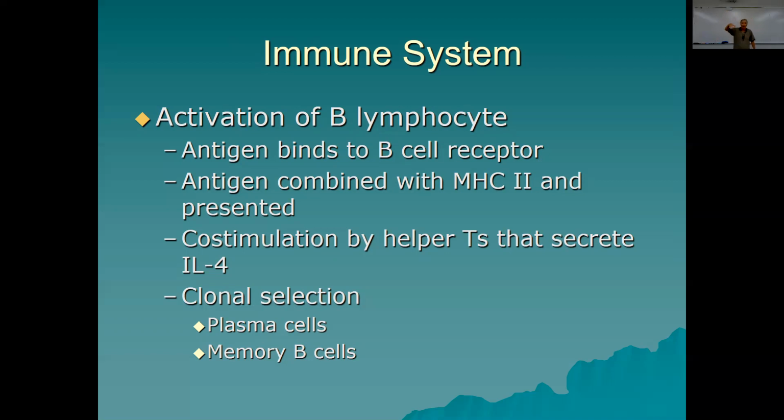The B lymphocyte goes to clonal selection, makes a clone of identical B cells that make gazillions of identical antibodies that become plasma cells, and those antibodies go throughout the entire body looking for this antigen. And then there's a bunch of memory B cells left in the lymph node, and hopefully they'll be there your whole life and provide lifelong immunity from that specific organism.